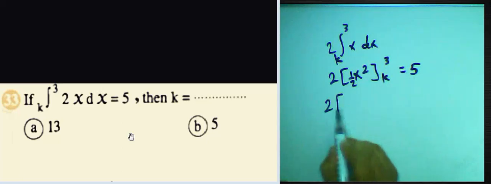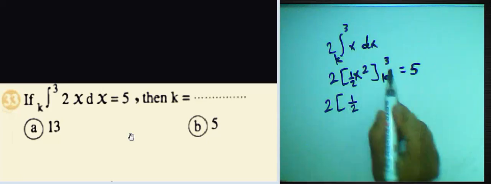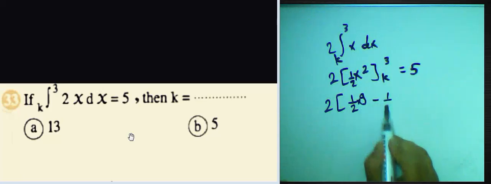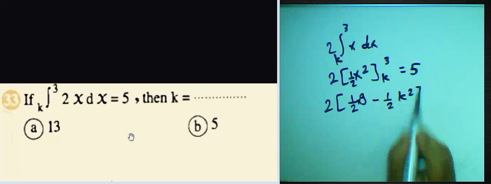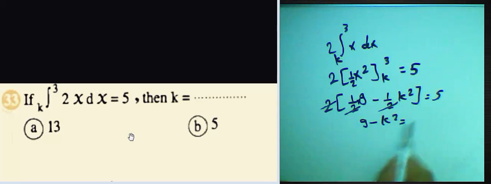Write 2 outside here. Multiplication by half, 3 power 2 equals 9, subtract half multiplication k power 2 equals 5, we can cancel 2 by 2, 9 minus k power 2 equals 5, then k equals positive or negative 2.